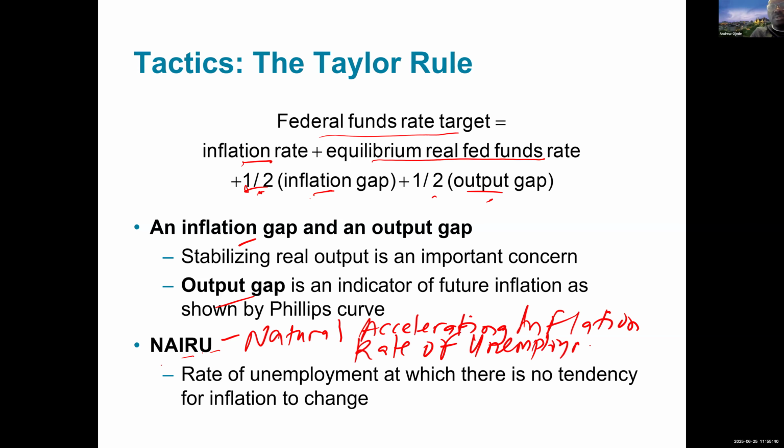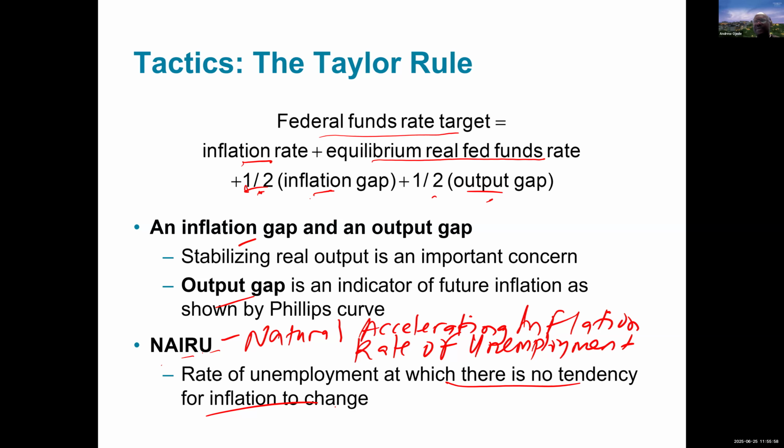That's what it stands for. It's basically the rate of unemployment at which there's no tendency for inflation to change. Sometimes when there's no tendency for inflation to change, we call that achieving NAIRU.